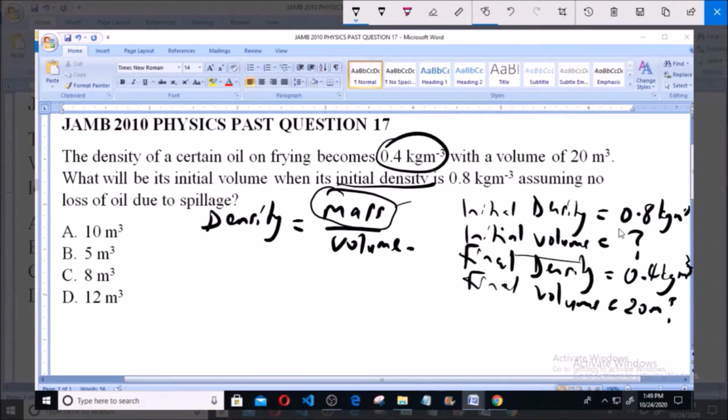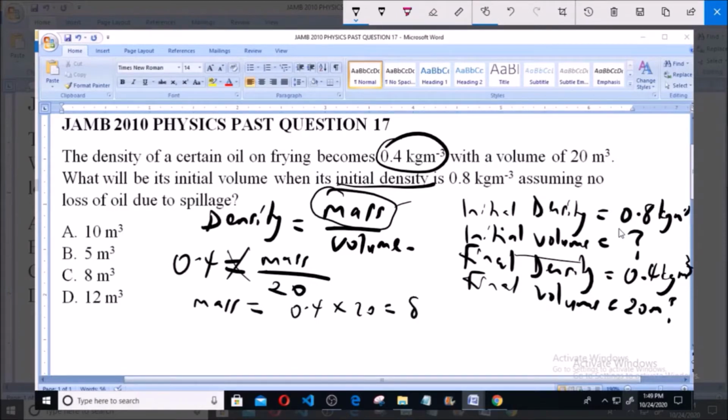Like we said, we'll use the final density, 0.4 kg per meter cube, and the final volume, 20 meter cube. So mass is equal to 0.4 times 20, which is equal to 8 kilogram. That is the mass of the oil.